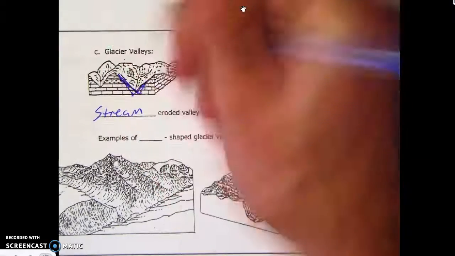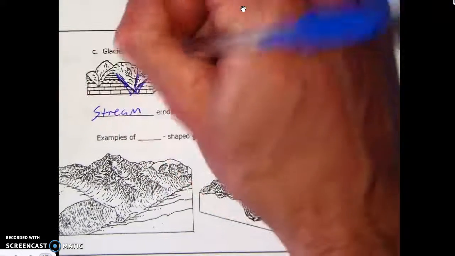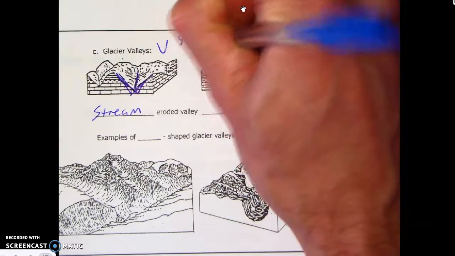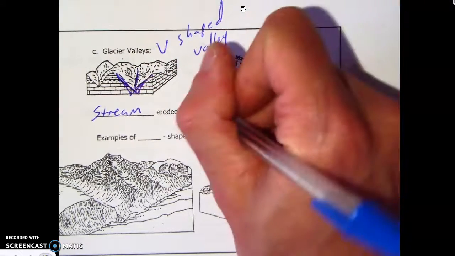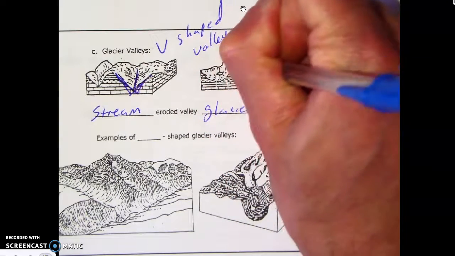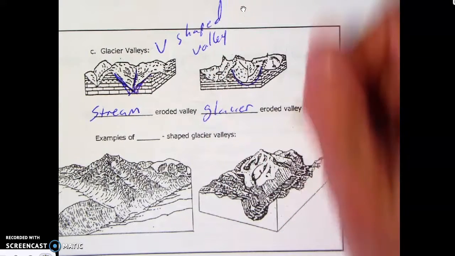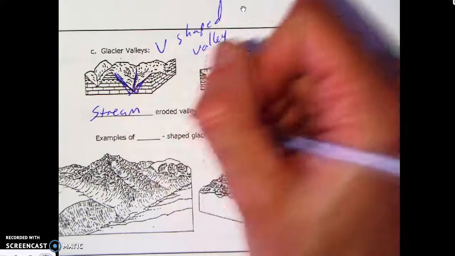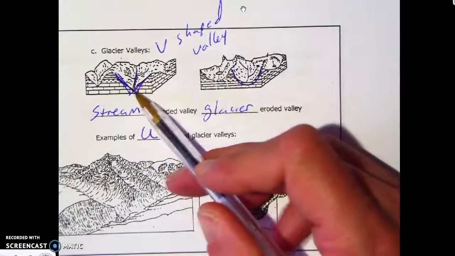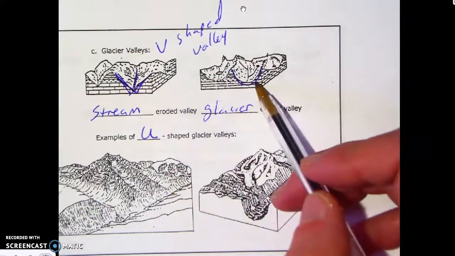So streams cut down the river valley and make V-shaped valleys. Whereas a glacier carves out these giant U-shaped valleys. So we have these U-shaped glacier valleys. Rivers carve out V's, glaciers carve out U's.